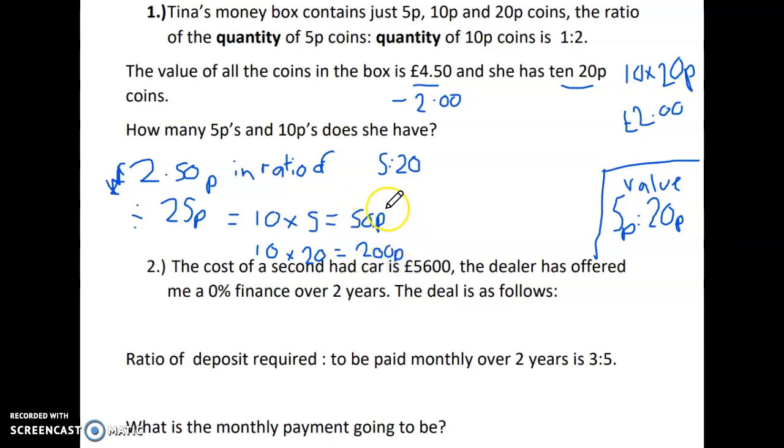So to get the value of 50p in terms of 5p coins, she's got 10 5p's. And she needs to make 200p out of 10p coins, so she's got 20 10p's.